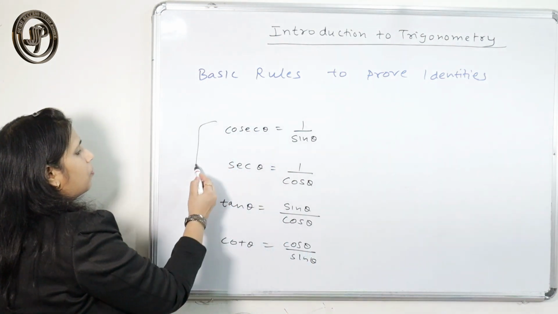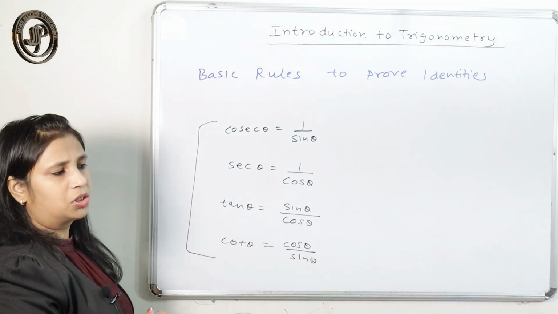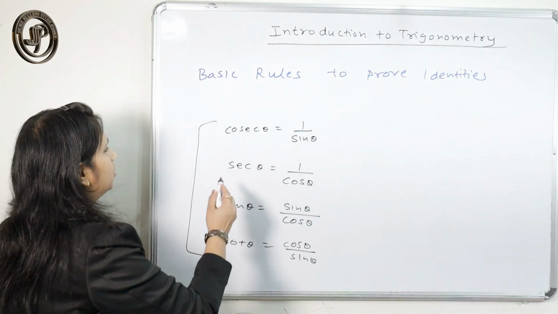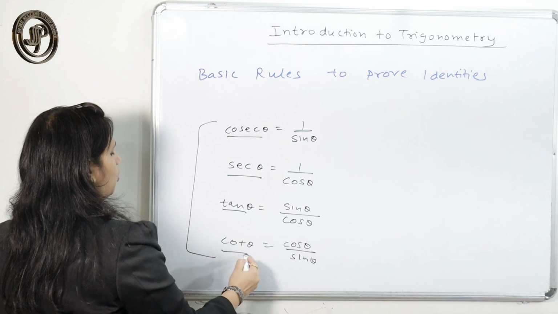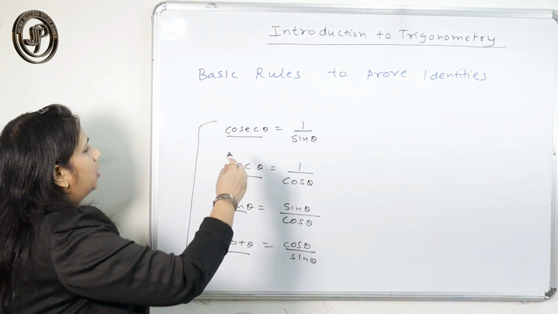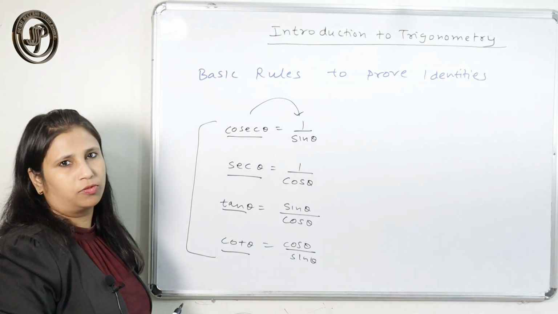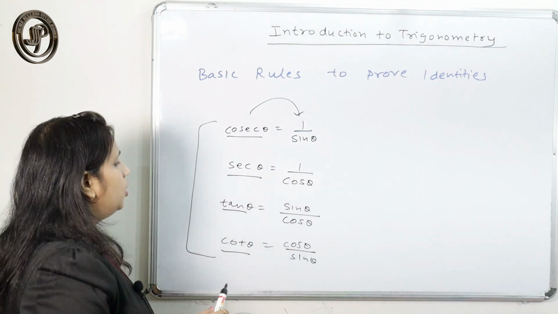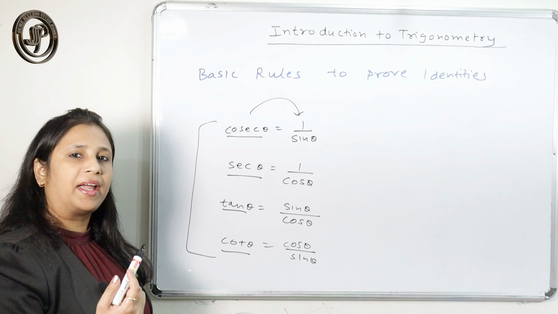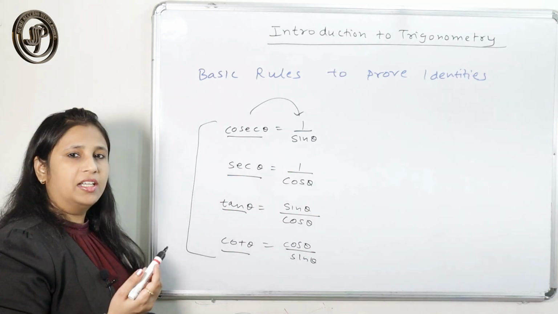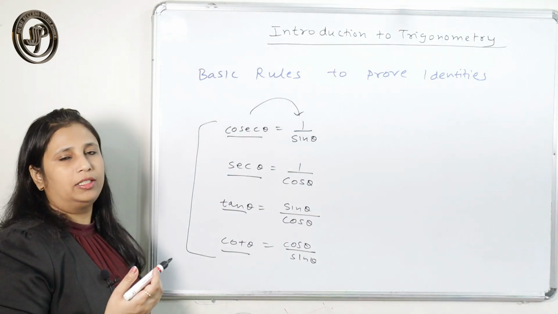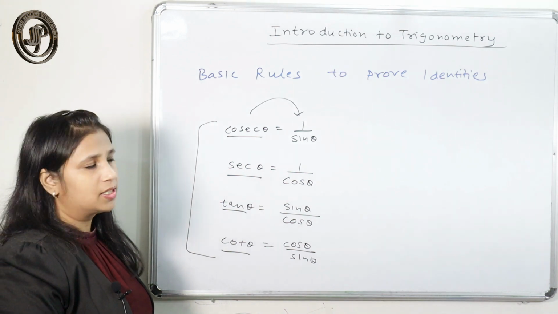So in step 1, if the question is in cosec, sec, tan, cot form, then using these formulas you can convert them into sine cos form, and then you just have to apply the identities, or simplify.